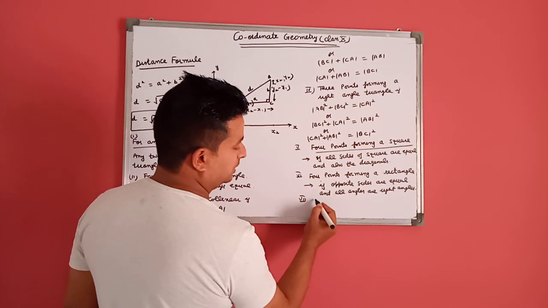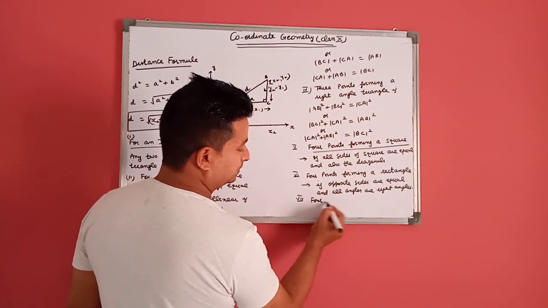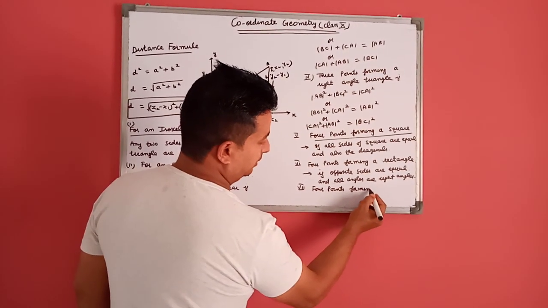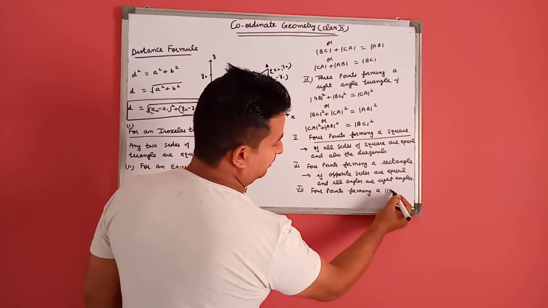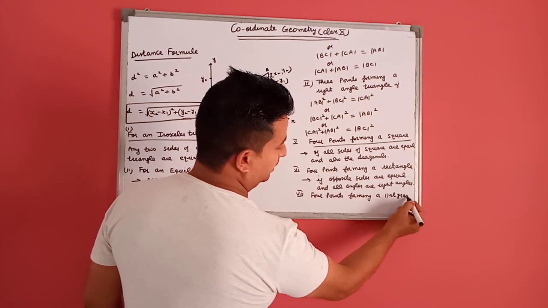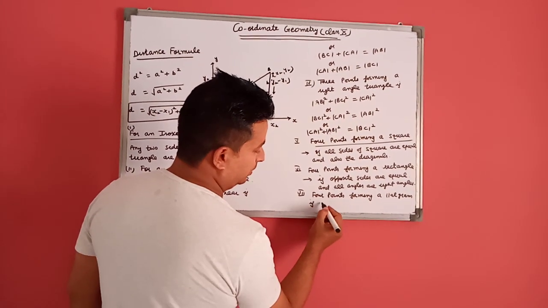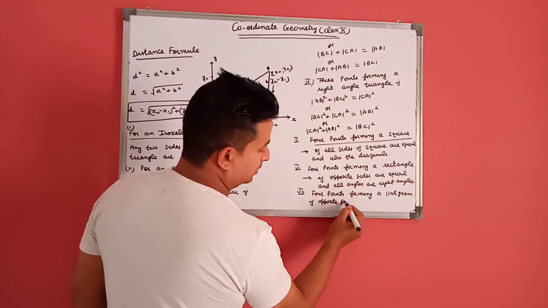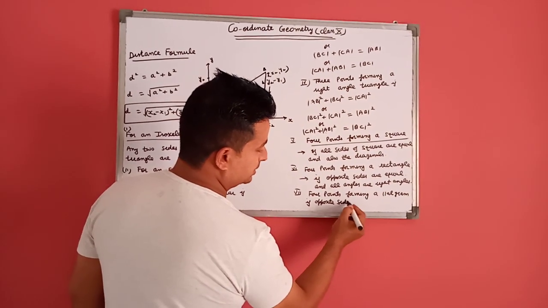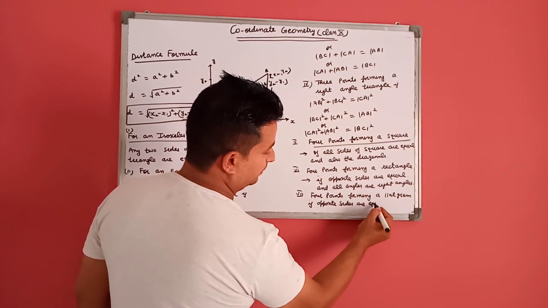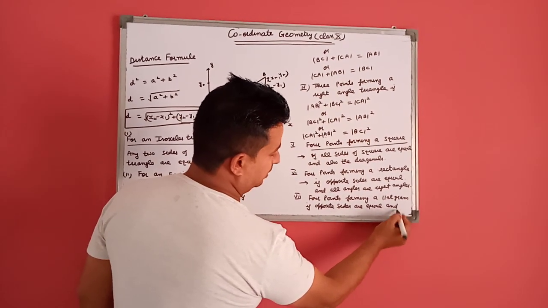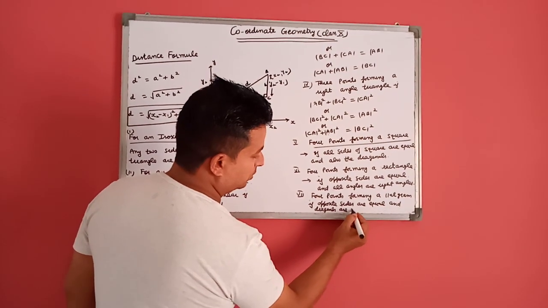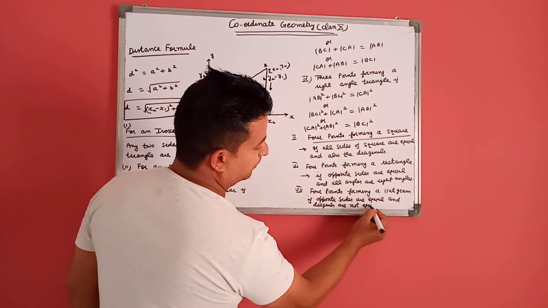Seventh, 4 points form a parallelogram if opposite sides are equal and diagonals are not equal.